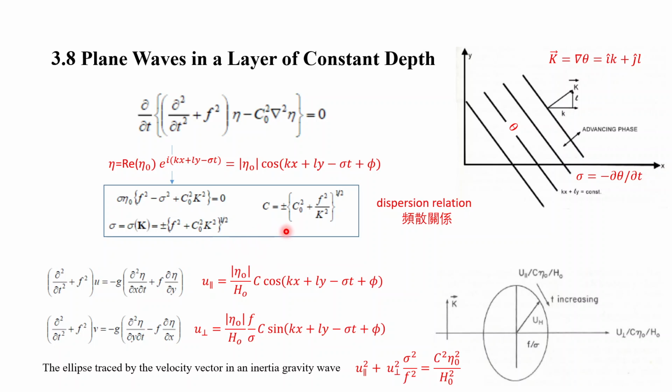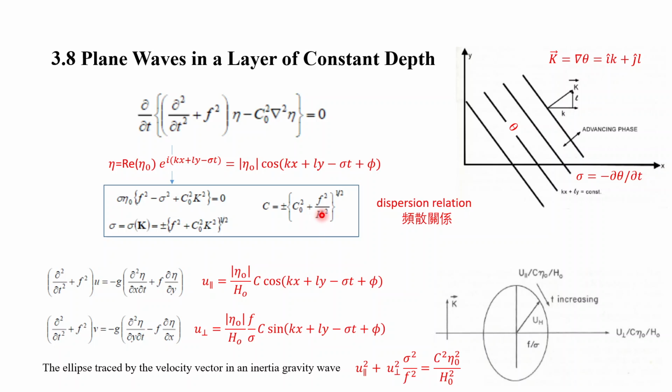The dispersion means for each wave number there's a frequency. If you solve for the phase speed by dividing the frequency by wave number K, you get c, and c is a function of wave number k.